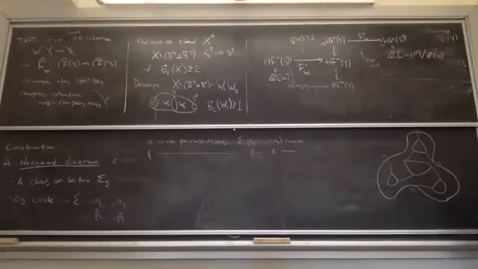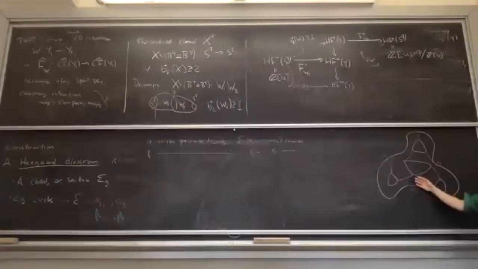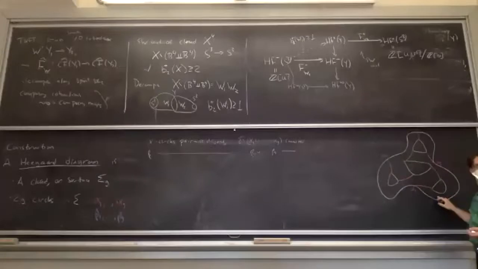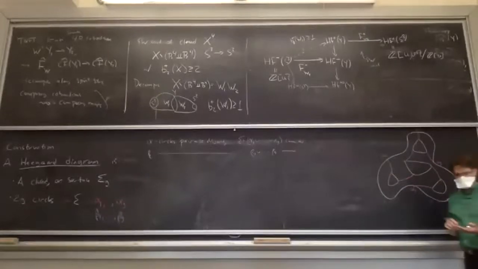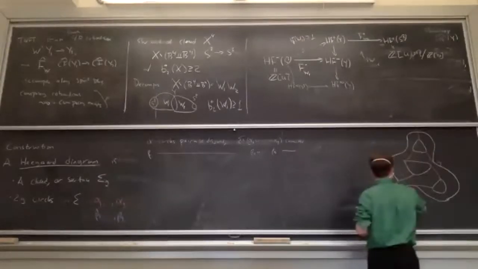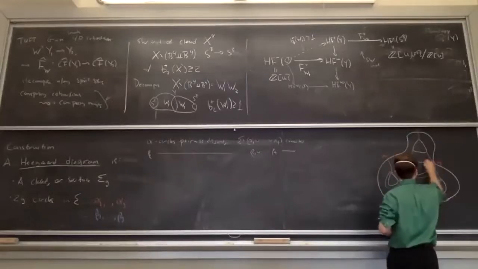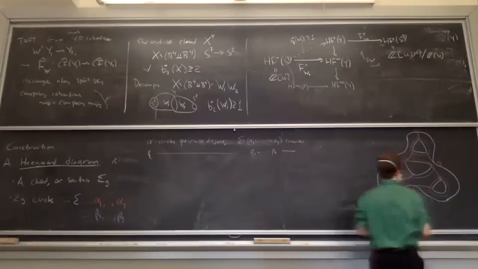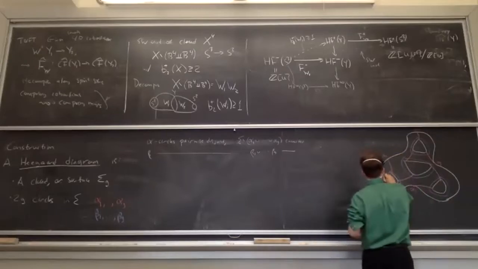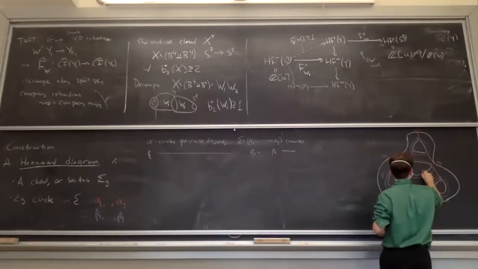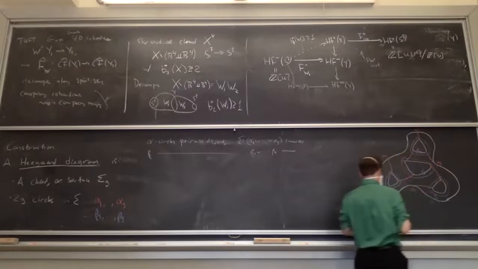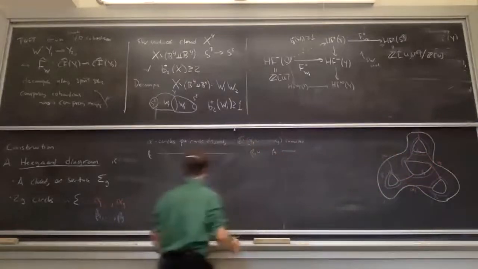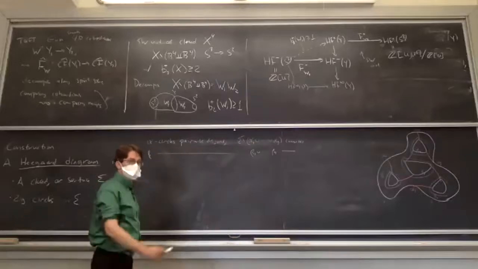If I delete those alpha circles, you're left with a connected surface, so it can get from any point to any other by wandering around without crossing them. Don't know if that's clear. So here are some beta circles, beta 1, beta 2, beta 3, and beta 4. Okay, so there's a Heegaard diagram.